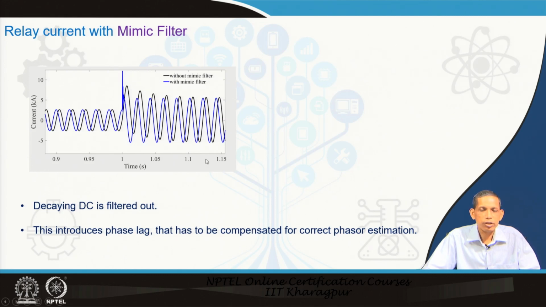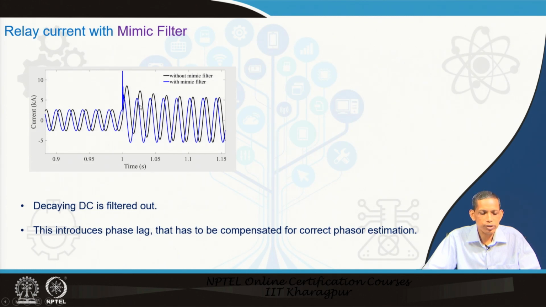Now, if you see the performance, this is without the mimic filter and with the mimic filter. The mimic filter introduces, because this is an RL combination, a phase lag. Without the mimic filter we have the black one, having a decaying DC.